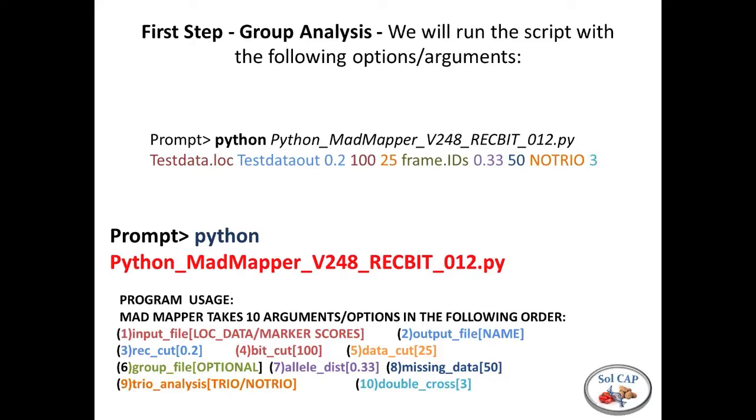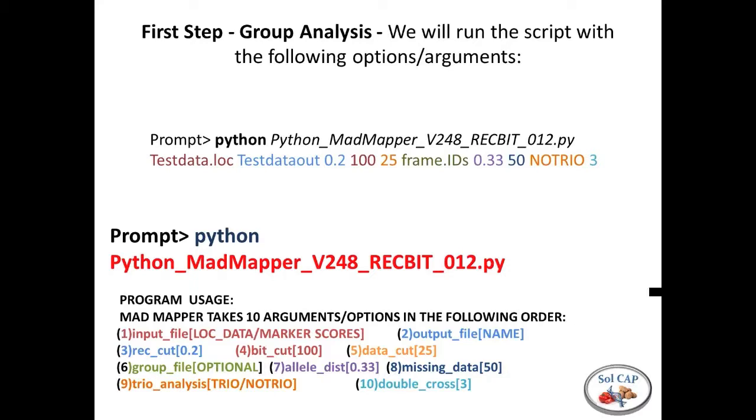MadMapper actually implements another way of looking at recombination through a score that's called bit score. And if you go into the README file and see how that works, basically the higher the bit score, the lower the recombination, the tighter the markers are linked. So we recommend a score here of 100, but I don't want to get into what a bit score is. 25 in this case.